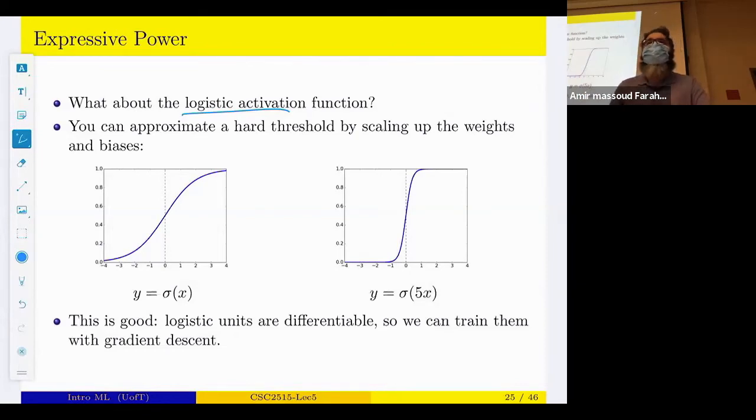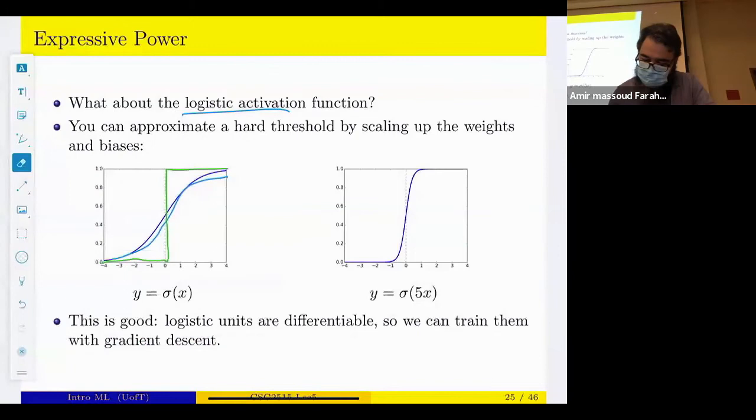But we can approximate a hard threshold using a sigmoid function. So this is a sigmoid function. You see that it has this kind of structure that looks like a hard threshold. So that would be the hard threshold.